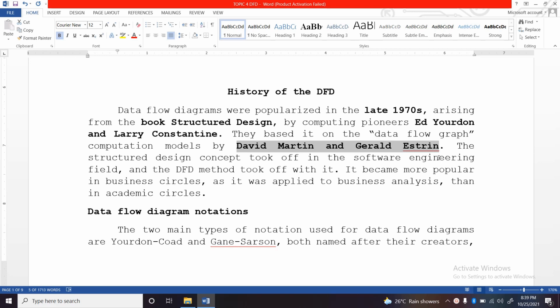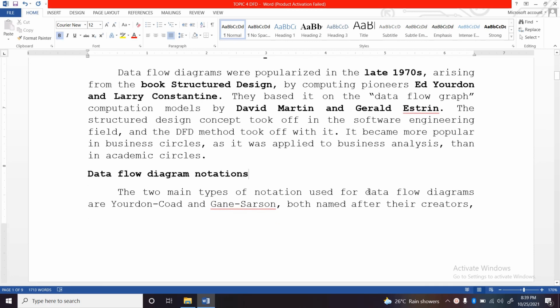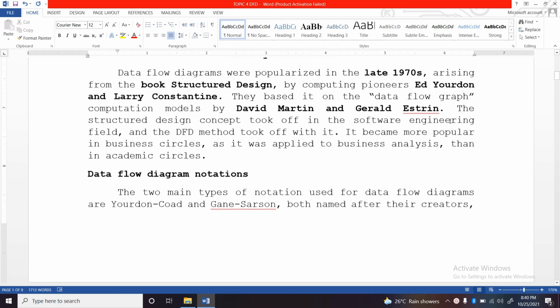Okay, so in order for us to know better about the data flow diagram, we also have what we call the data flow diagram notations. We have two main types of DFD notations, which is also connected to the history of the data flow diagram, especially Mr. Ed Jordan as one of the computing pioneers.